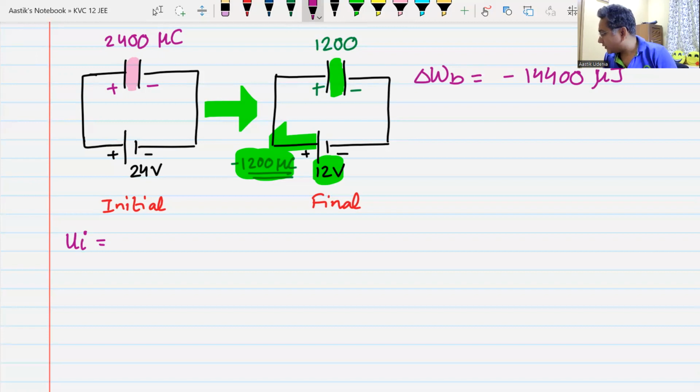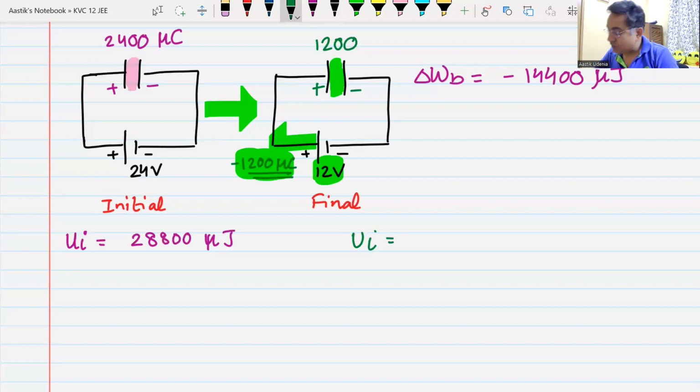Then 576 divided by 2 will be 288. So it is 28800 microjoules.